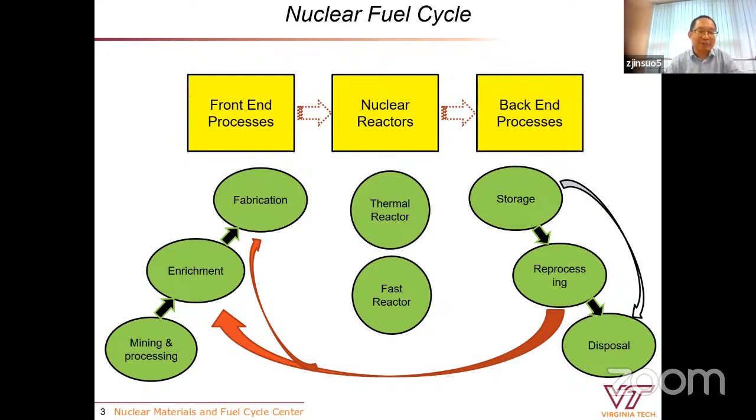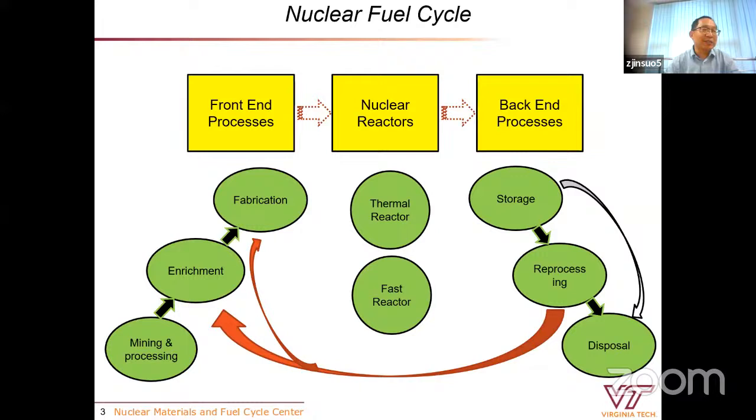Then you do processing, and then you have to enrich. Some reactors do not need enrichment, but most reactors will need to enrich the fuel from natural to enriched uranium. The enrichment process is actually a separation process.